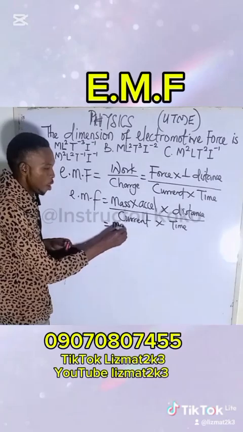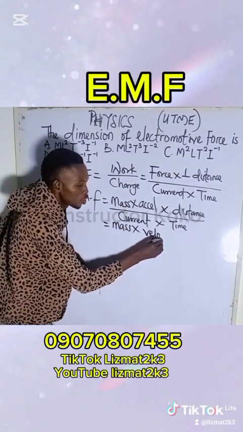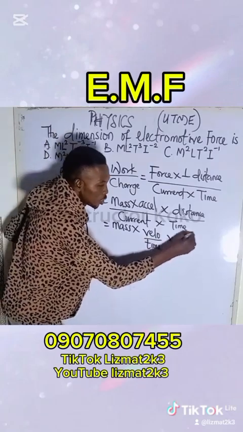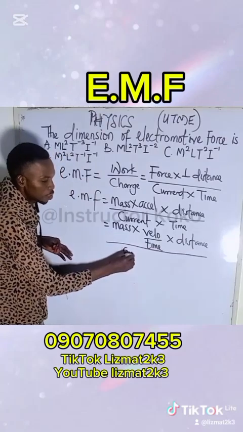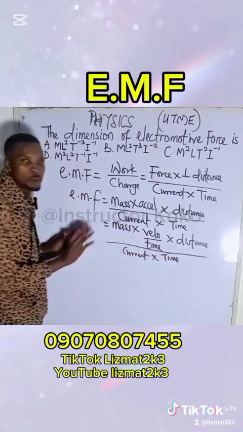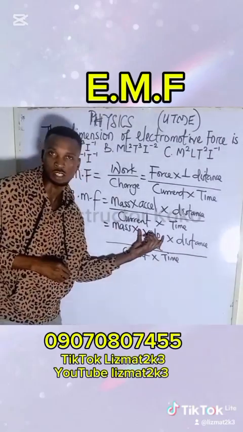So EMF is equal to mass times acceleration, which is velocity divided by time, multiplied by distance, everything divided by current times time. Once you know this mathematical formula, finding the dimension is very easy. I would have loved to break down velocity, but there's no time.